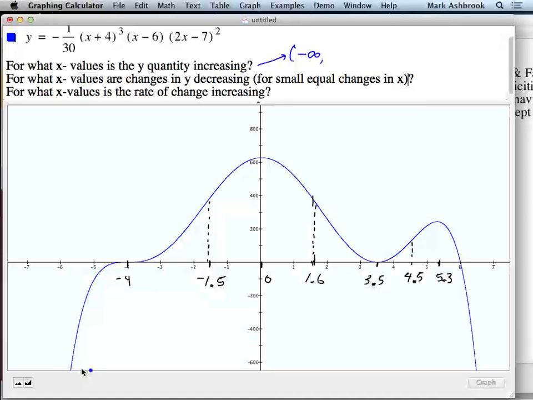So can you put it all together? Negative infinity to 0. Yeah, you can just say all of it in one interval. Is that it? And then 3.5 to 5. What do we think?